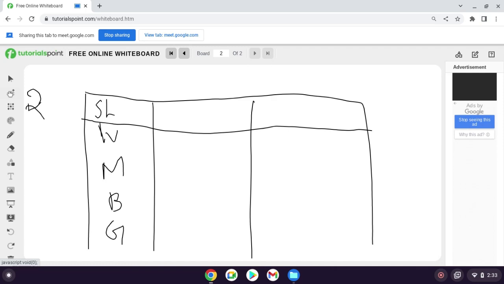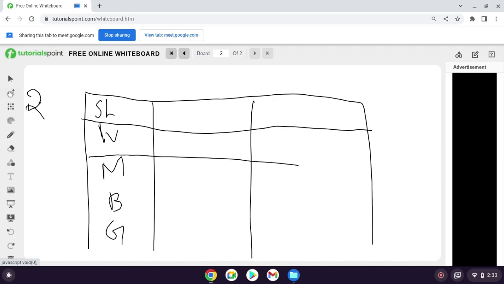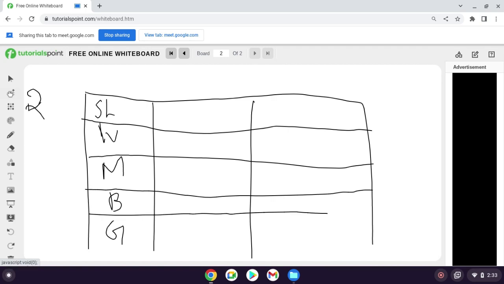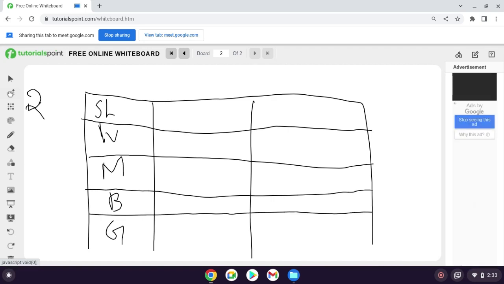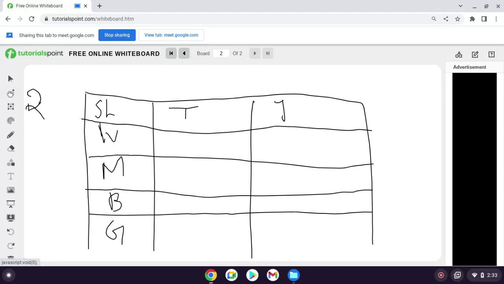Okay? Now by counting how many W's there are, that goes in tally marks, and the counted number goes in the frequency column. Got it? Yes, ma'am. Now complete this table and give me the answer. Okay?